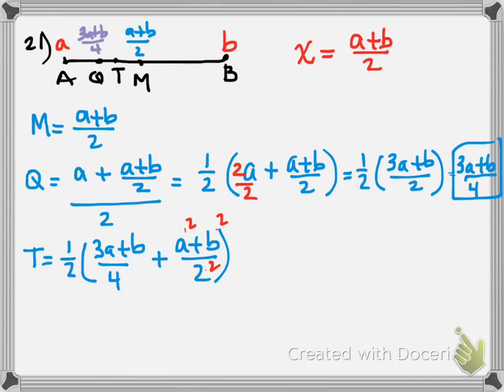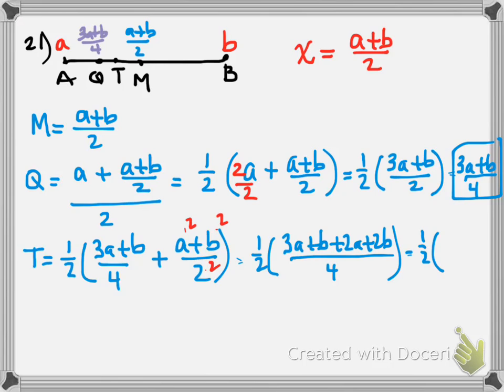That's going to give me 1/2 times the quantity 3a plus b plus 2a plus 2b all over 4, which gives me 1/2, and now I have 5a plus 3b all over 4.